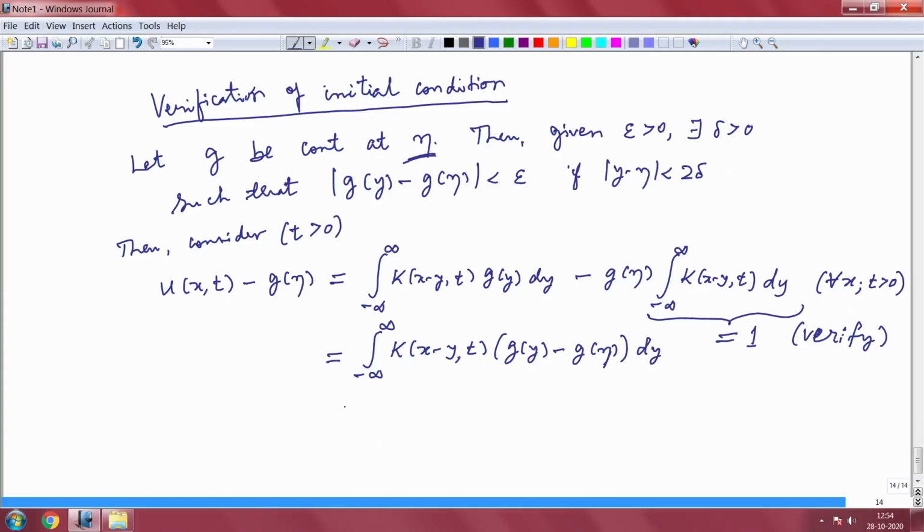And now you break the integral into two parts: |x - y| bigger than or equal to delta and |x - y| less than delta. The same delta we take, we break this integral into two parts.